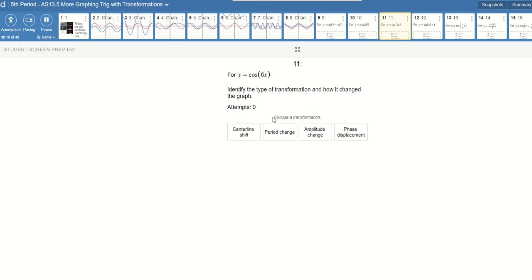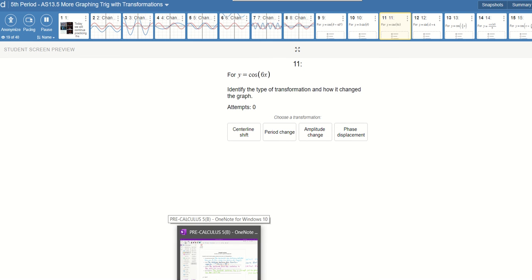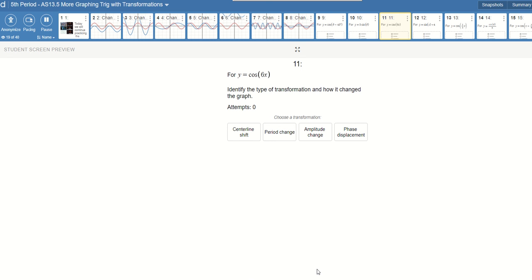Cosine 6x. So this is multiplying inside the parentheses. Inside the parentheses means x, so it's going to be horizontal. And then times 6. Multiplying means it's dilation, not a shift. So we're multiplying times 6, and like we just saw in those last couple, multiplying by a number bigger than 1 is going to squish it in, and multiplying by a fraction is going to make it wider.